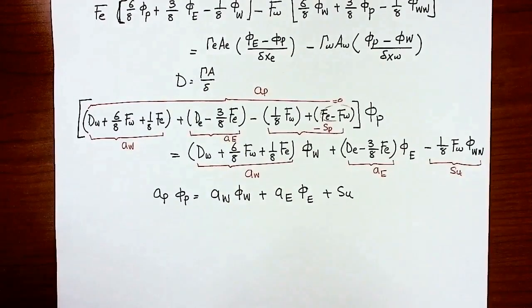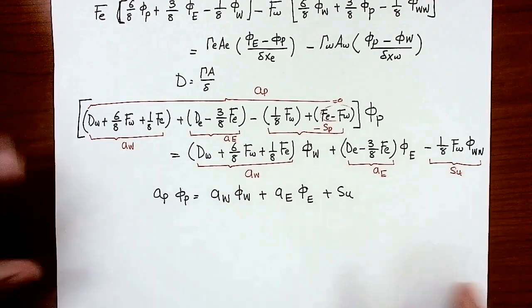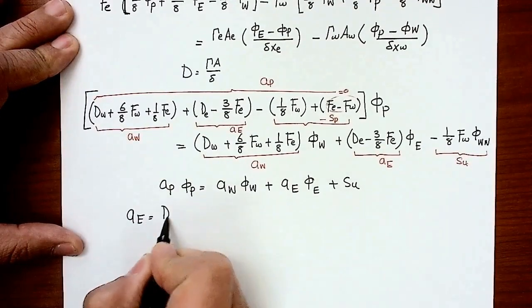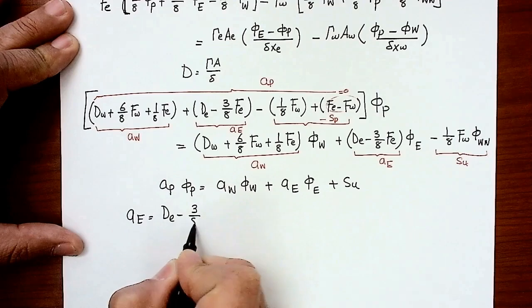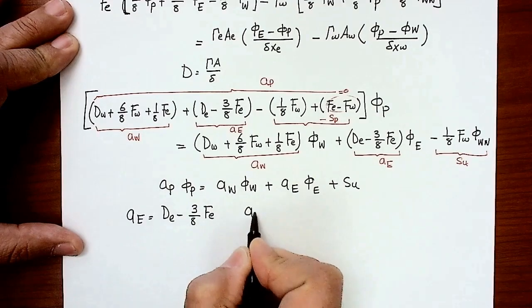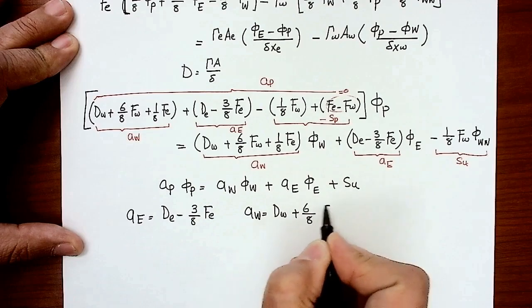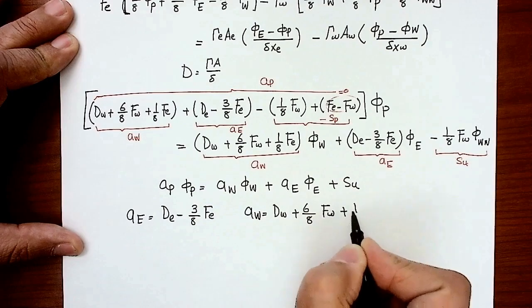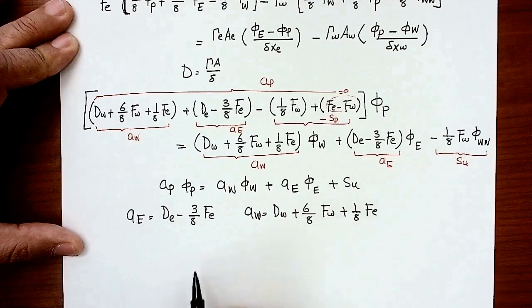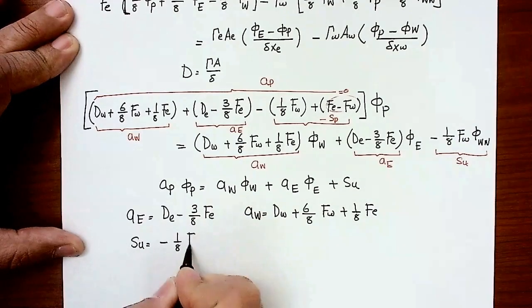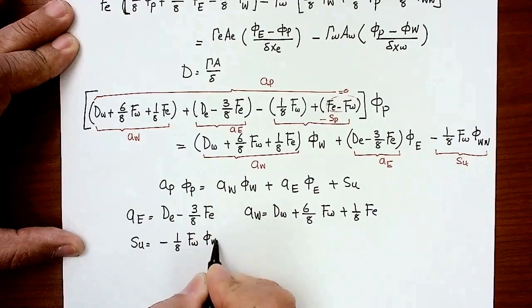What's different every time we use a different scheme is that the coefficients are different. So now A east is D east minus 3 over 8 F east. A west is D west plus 6 over 8 F west plus 1 over 8 F east. I got SU equal to minus 1 over 8 F west phi WW.